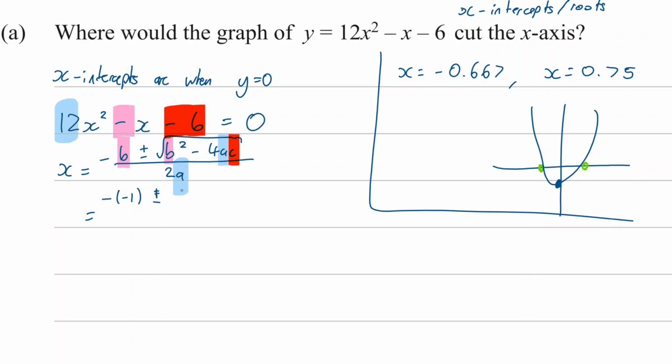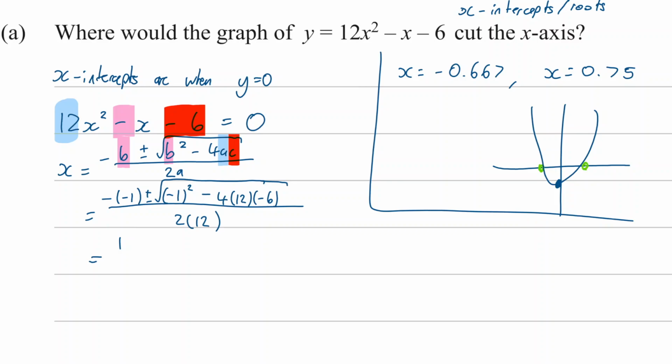Negative b, where b is -1, plus or minus -1 squared, so that's b squared, minus 4 times a, which is 12, times c, which is negative 6, all divided by 2 times 12. Now let's simplify this a bit. Negative, negative 1 is positive 1, plus or minus 1 squared is 1.